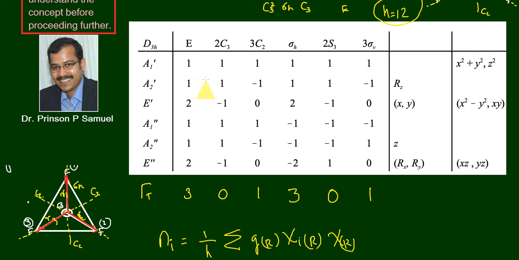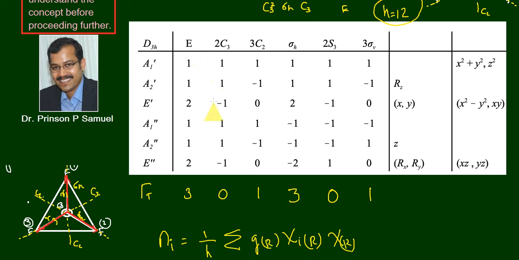A1 prime is the irreducible representation we are considering. In that case, if you are looking at the C3 operation, the character chi iR is 1. If you are looking at S3, the character is again 1. So chi iR is the character corresponding to the operation R in the irreducible representation under consideration. And what is chi R?